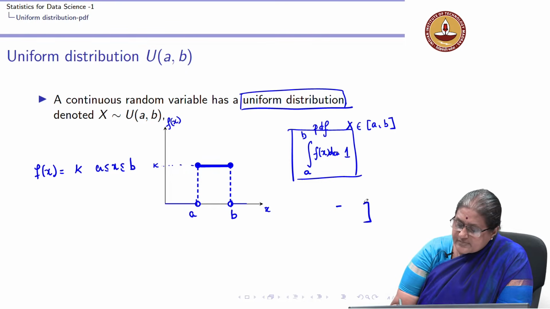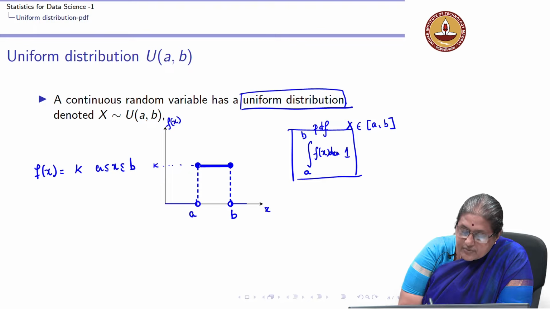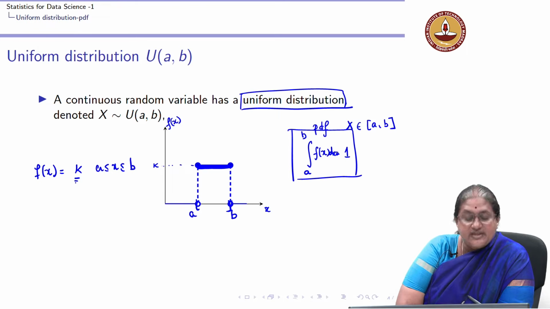So, what does uniformly distributed mean? Uniformly distributed means that f of x has constant density in this interval a to b. So, what is this constant density?